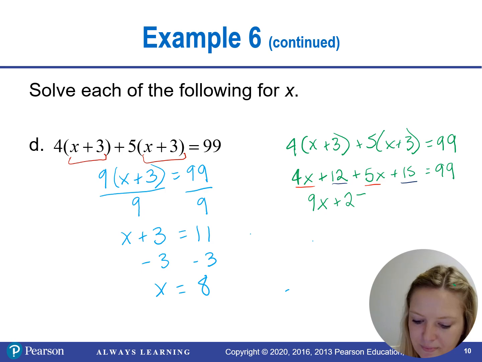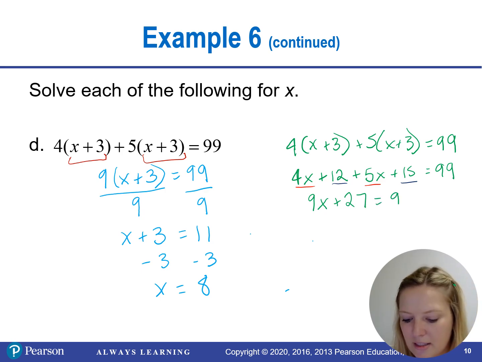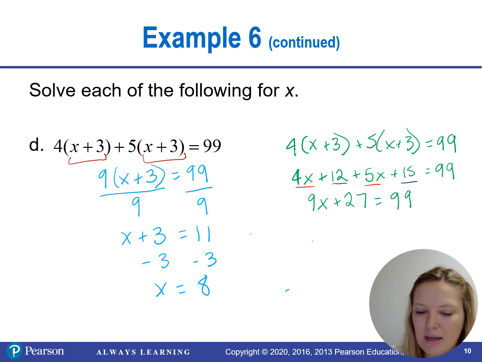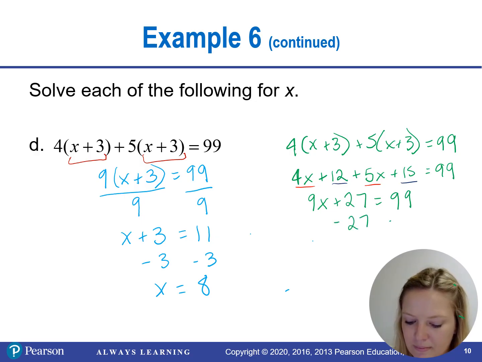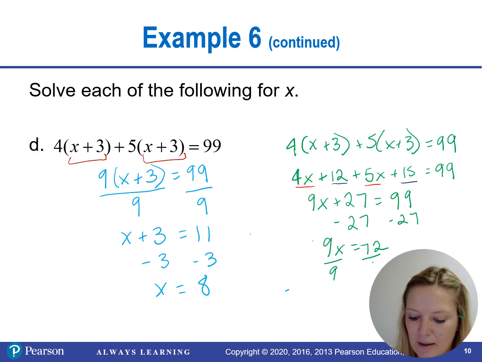And that's still all equal to 99. And if I subtract 27 from both sides, I'm left with 9x equals 72. And 72 divided by 9 on both sides is 8.